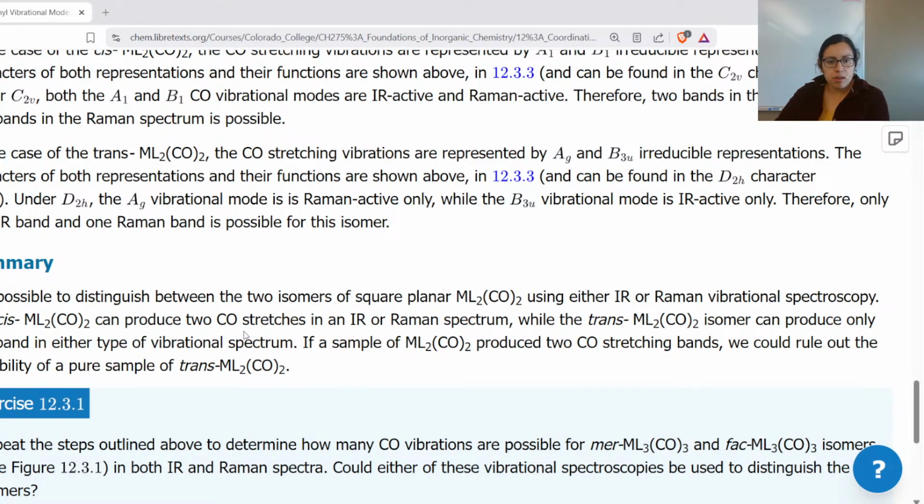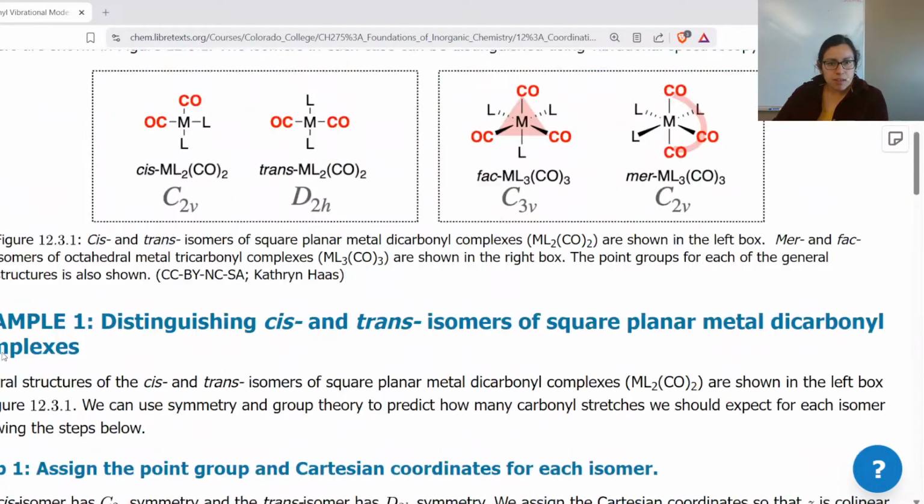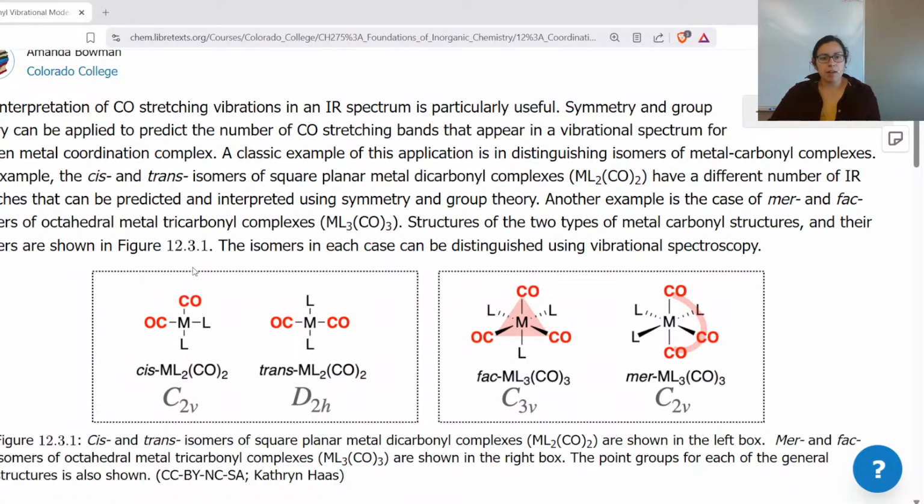produces 2 CO stretches in our IR, while the trans only has 1, which makes sense if you think about it. The cis is more asymmetric, so you're going to have different stretches, from both going out or the asymmetric one. That gives you 2 bands, versus the trans, where it cancels out, so you only see 1 stretching frequency.